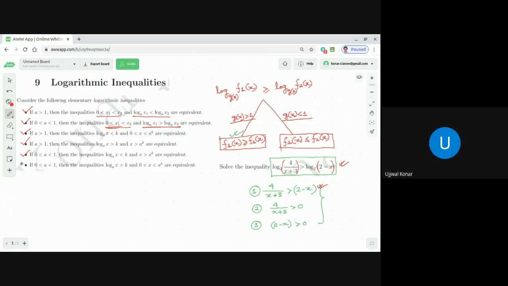And for 0 less than a less than 1, log of x base a greater than k and 0 less than x less than a power k are equivalent. These are elementary logarithmic inequalities.